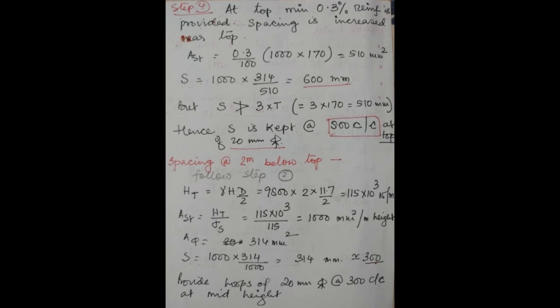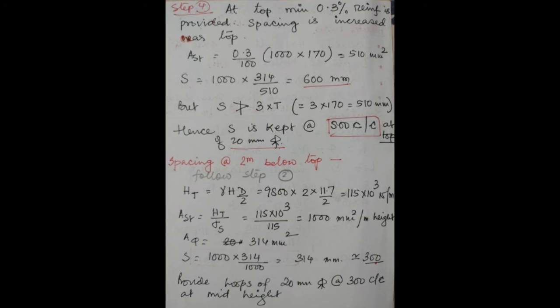For example, the total height of the water tank is 4 meter, that is given. At the top we have found out, we have given the bar spacing as 500 cc. At the bottom how much have we given? At the bottom base we have given 150 millimeter cc, center to center.